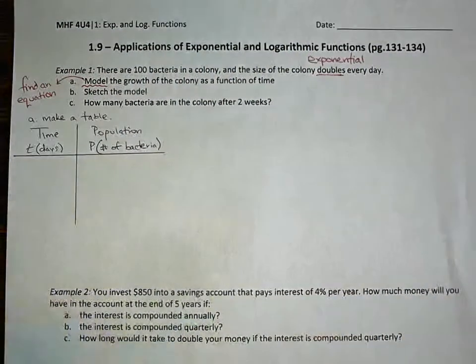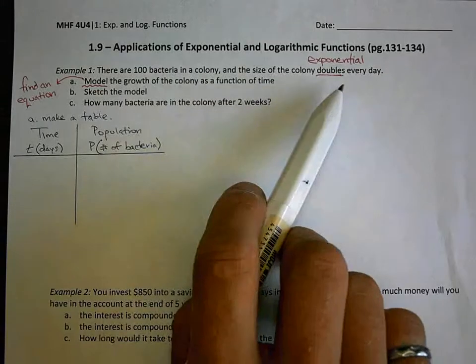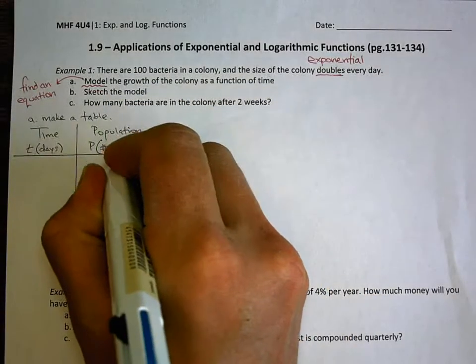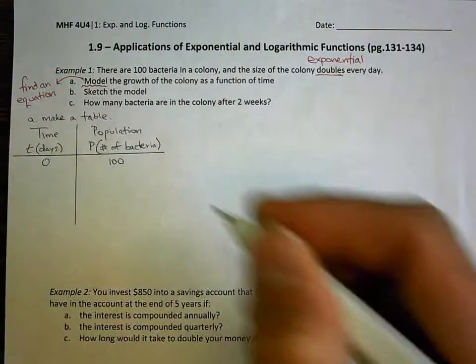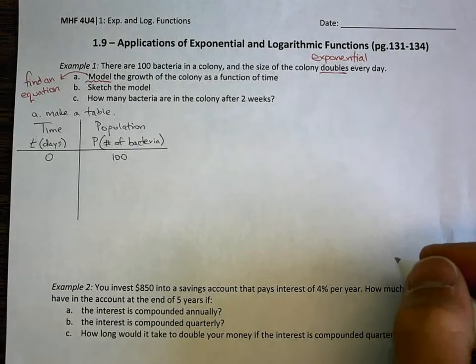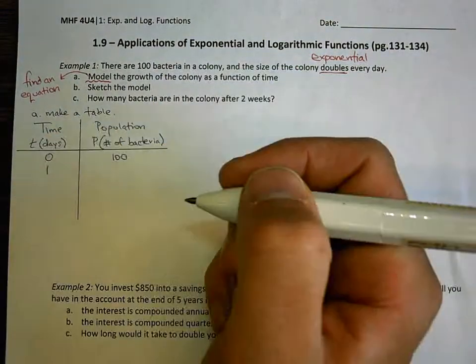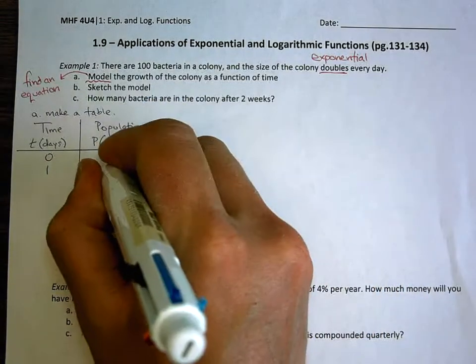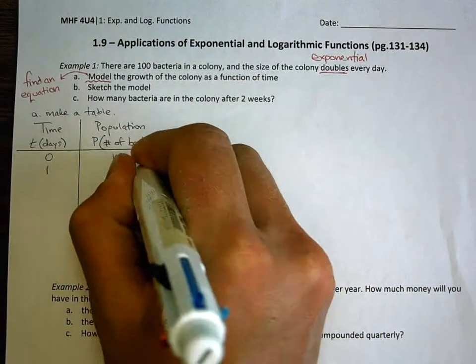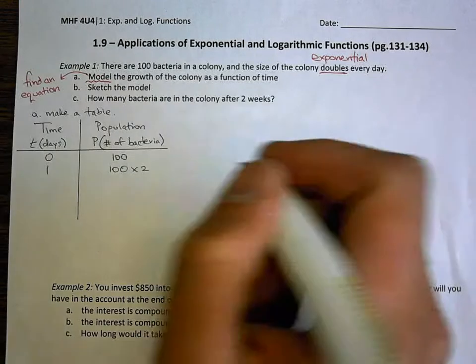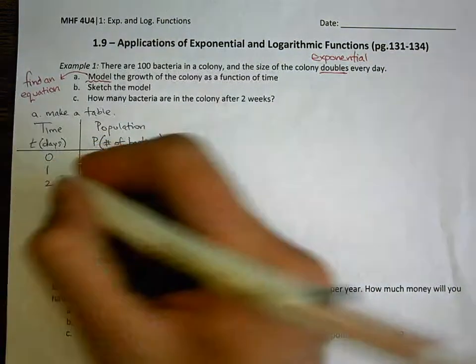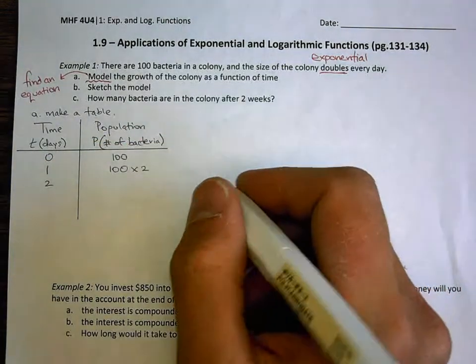Okay, so we start off with a population of 100. So I'm going to call that time 0, the start, right at the axis. Now, we double every day. So after one day, how many bacteria do I have? Well, I have 100, and I doubled it. I multiplied by 2. 200. On the end of day 2, it's doubled again.